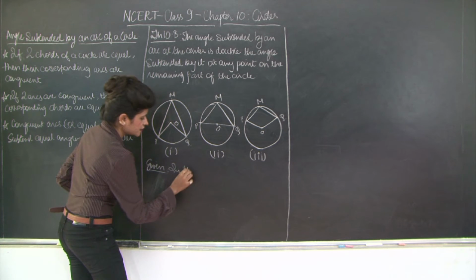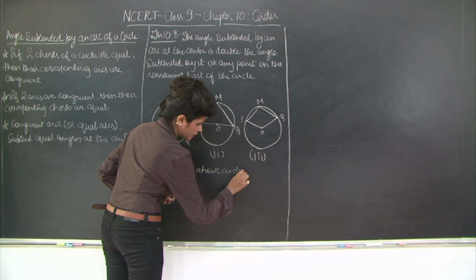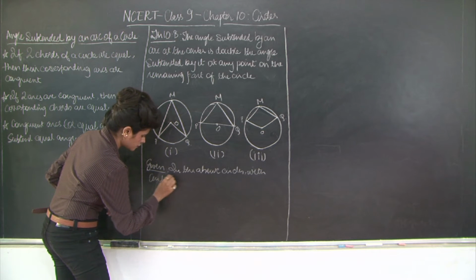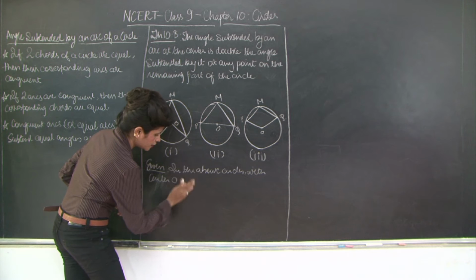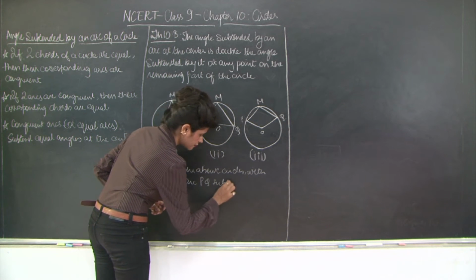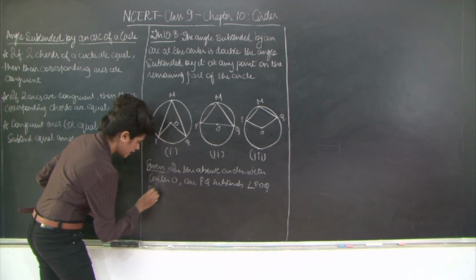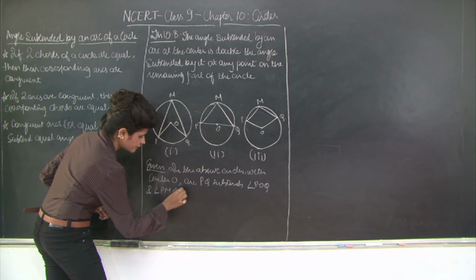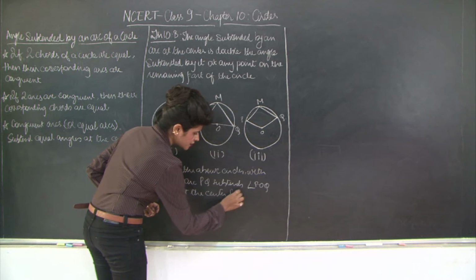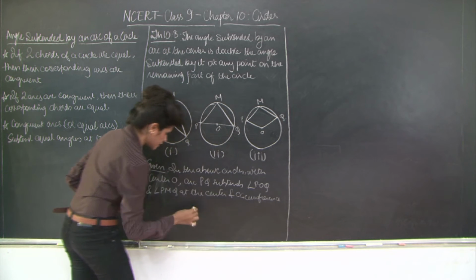In the above circles, with center O, arc PQ subtends angle POQ and angle PMQ at the center and circumference respectively.